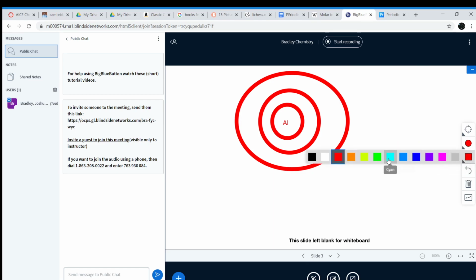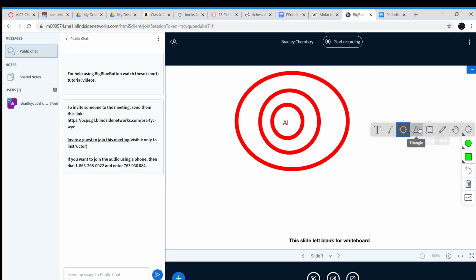Let's do green electrons. Then we're going to draw our electrons, and we already said that the outer level had 3 electrons. So let's draw those in. 1, 2, 3. 1, 2, 3, 4, 5, 6, 7, 8, 9, 10. So now we have 13 electrons.